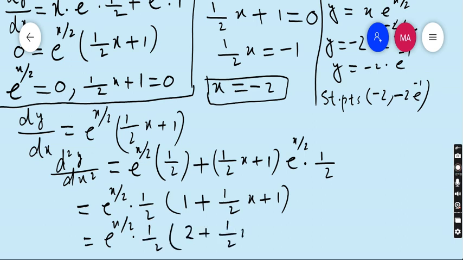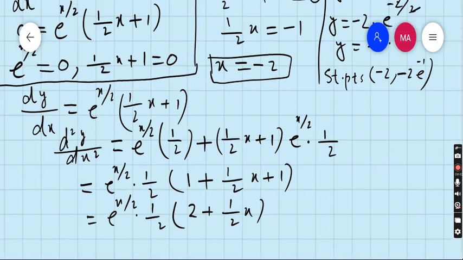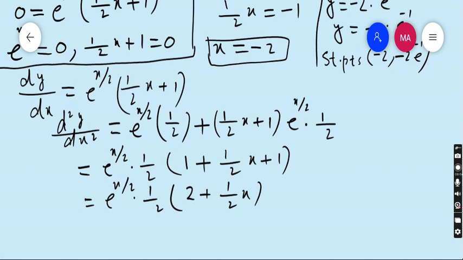Now satisfy this second derivative by the stationary points. So d square y by dx square, because we have only x in our second derivative answer, so just satisfy this by x is equal to minus 2.